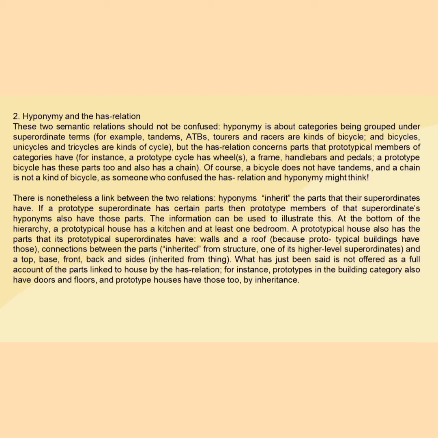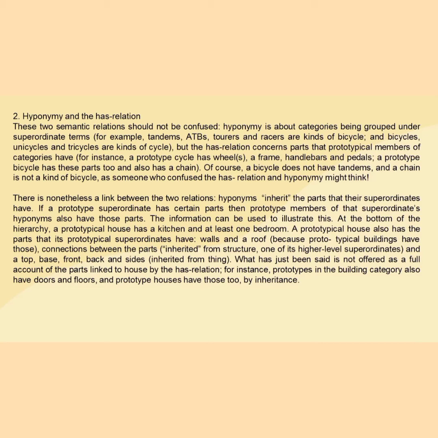For instance, a prototypical cycle has wheels, a frame, handlebars, and pedals. A prototypical bicycle has these parts too, and also has a chain. Of course, a bicycle does not have tandems, and a chain is not a kind of bicycle, as someone who confuses the has relation and hyponymy might think.